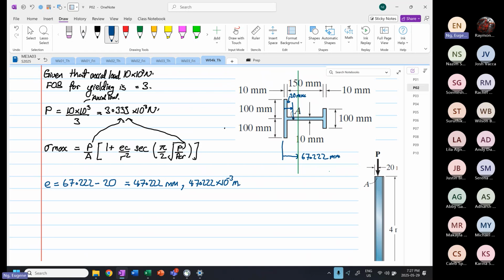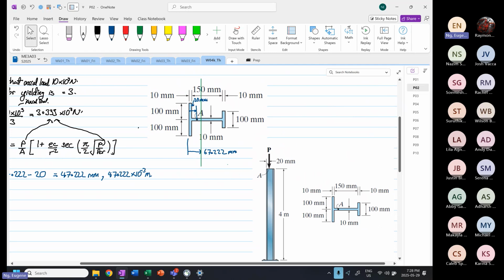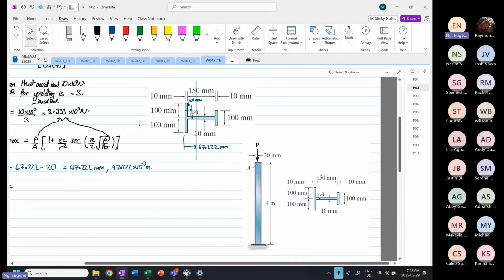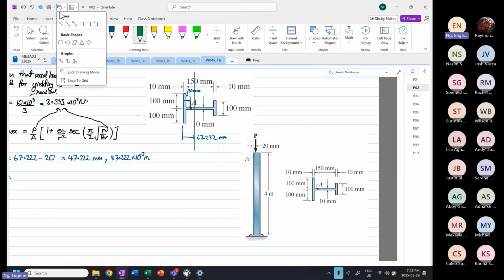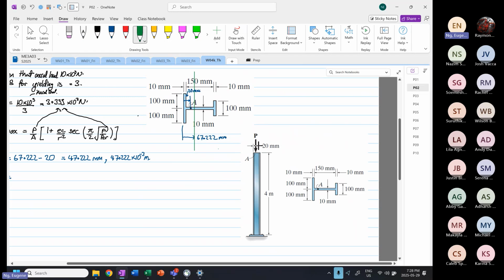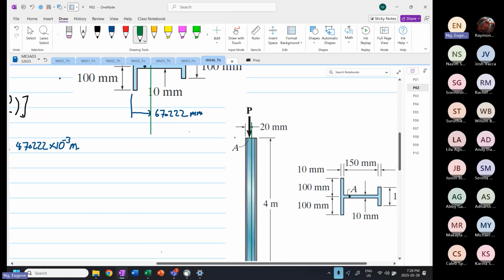And then the next thing we have to determine is our C. Now, looking at how our structure will deform, based on where I'm going to draw the green line, which is our centroid. So that's our centroid.